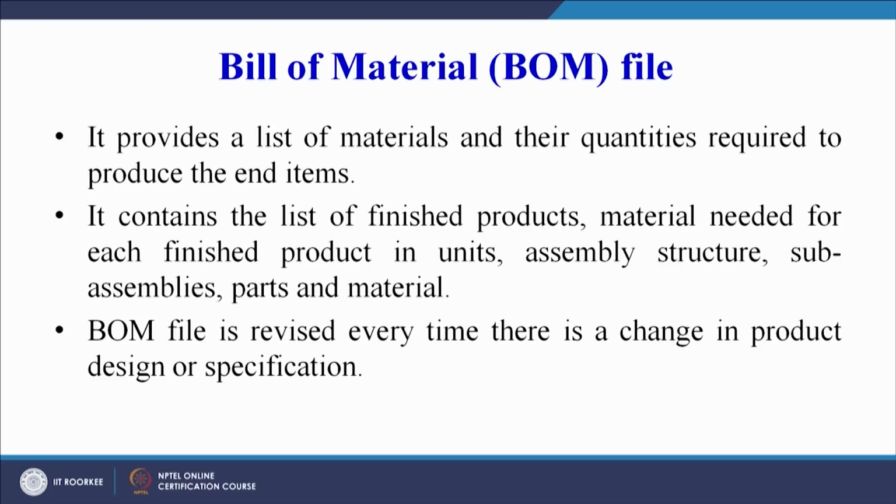Referring back to our example of manufacturing a wooden chair, the individual components or parts required to manufacture the wooden chair, along with their quantities, will comprise the bill of materials.